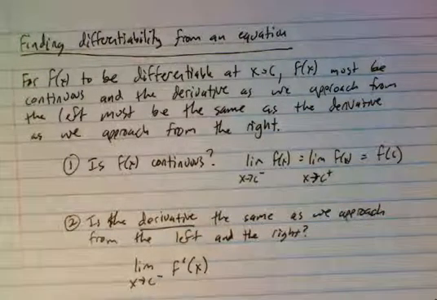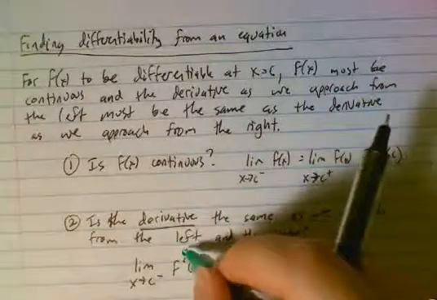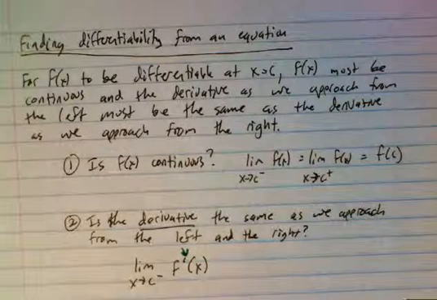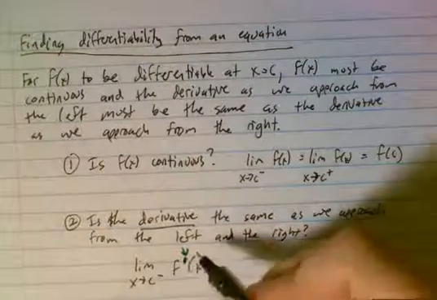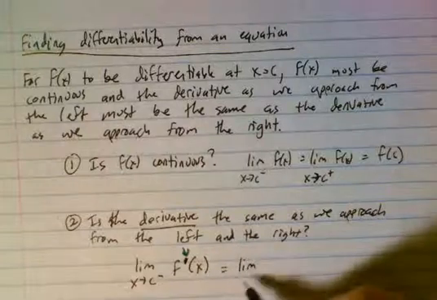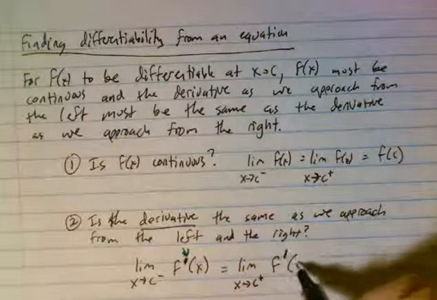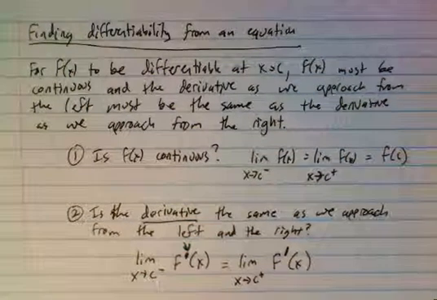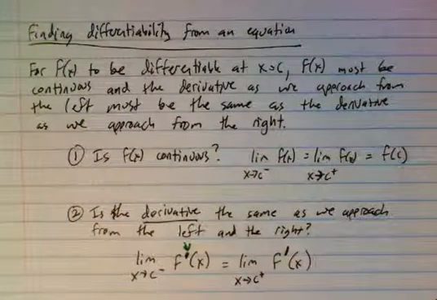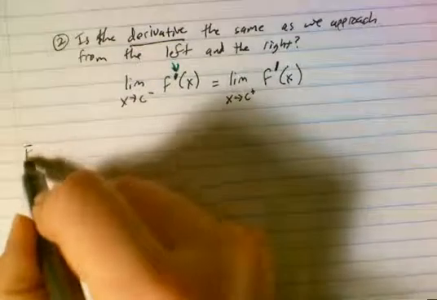Notice this prime right there, and that should be equal to the limit as x approaches c from the right of f prime of x. So what we did to check with continuity, we're just doing the same thing with f prime. So let's look at a few examples.